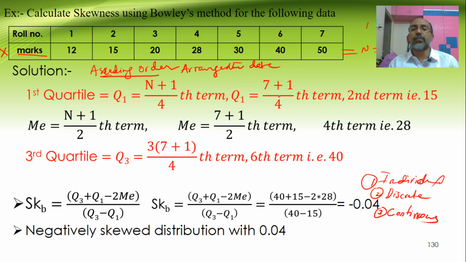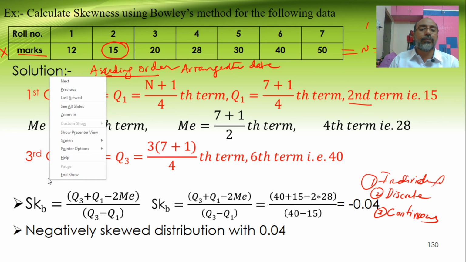So (7 plus 1) by 4 is equal to the second term. This is the first term, this is the second term.